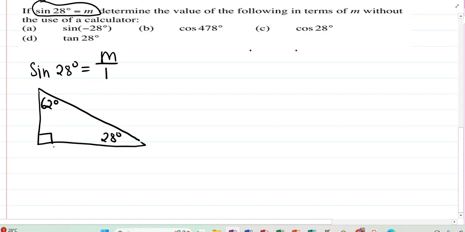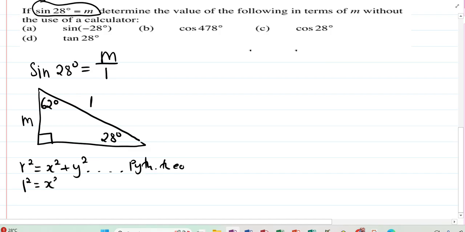And then I label my triangle. Sine is opposite over hypotenuse, so opposite of 28 is m, hypotenuse is 1. Then I make use of the Pythagoras theorem to find the remaining side, which is x squared plus y squared is equal to r squared. Our r is 1, x I don't know as yet, y is m squared.